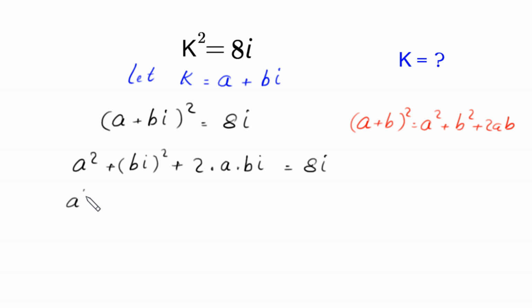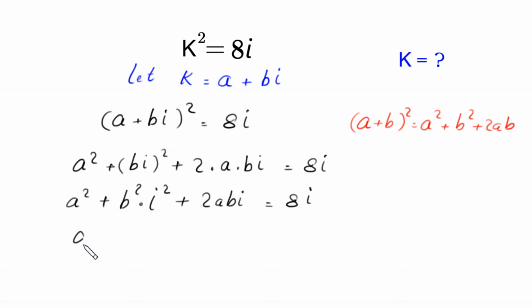Next, a squared plus this (bi) whole squared will become b squared times i squared plus 2abi is equal to 8i.